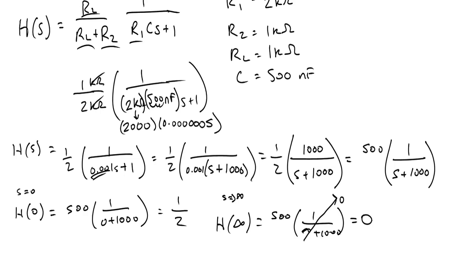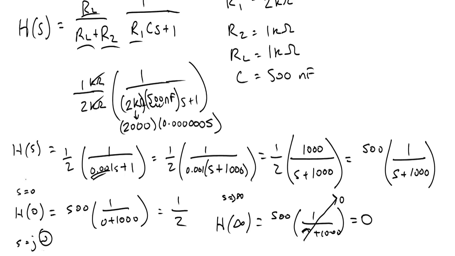So let's recap and remember what we said s was. We said s is equal to j omega, where omega is the frequency. So as s increases, omega is increasing, and as s decreases, omega, the frequency, is decreasing.